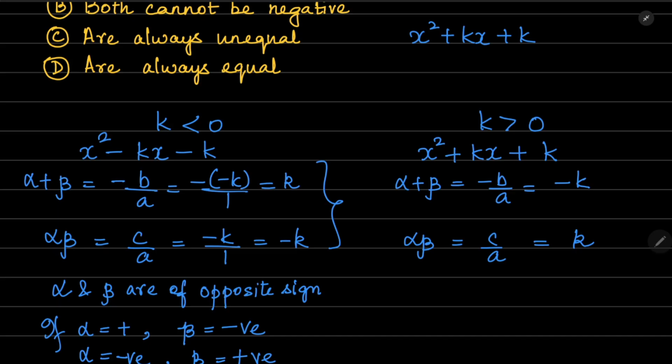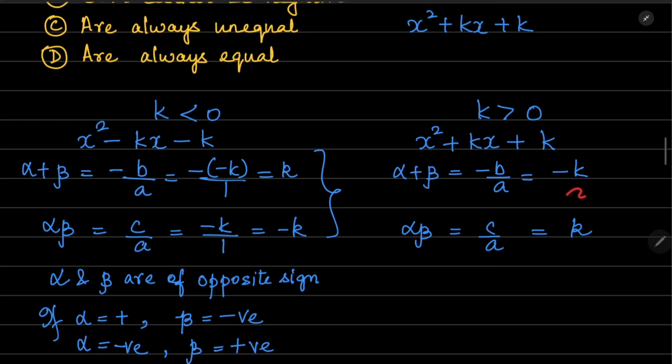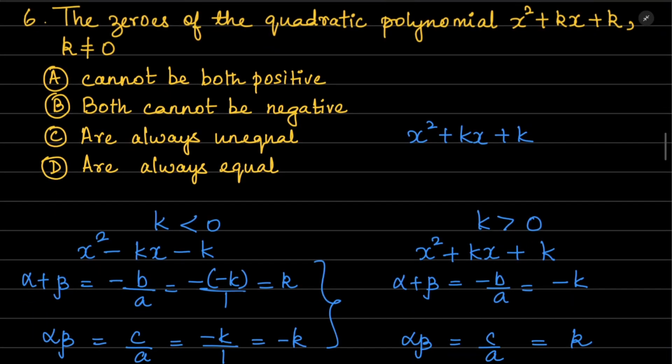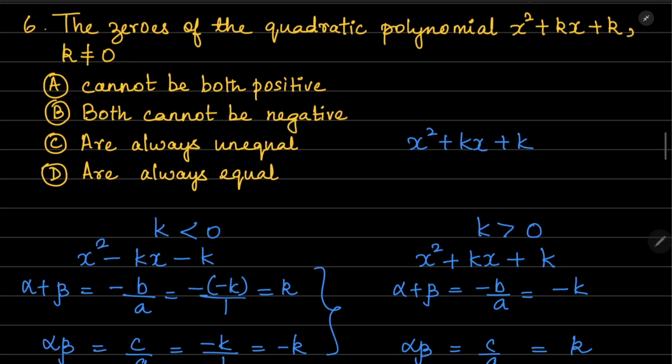Okay, so this is the observation. Now let us check when k is greater than 0. Okay, when is the scenario wherein alpha plus beta is minus k and alpha beta is k? That means both alpha and beta are negative, right? Only then the sum will be negative, and the product of two negative numbers is going to be positive. So in this case, you will see that alpha and beta are both negative. Now looking at all the options, the zeros, what do we see here?